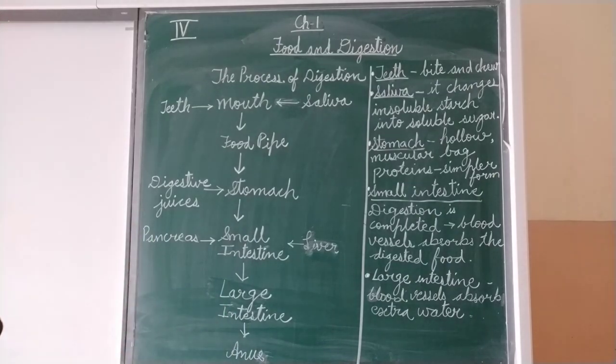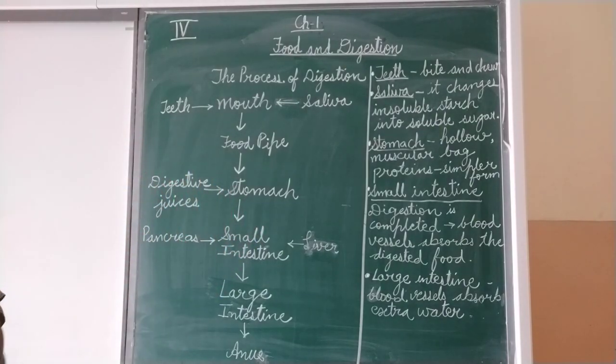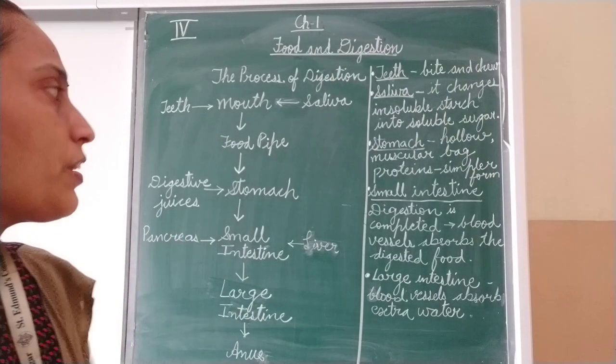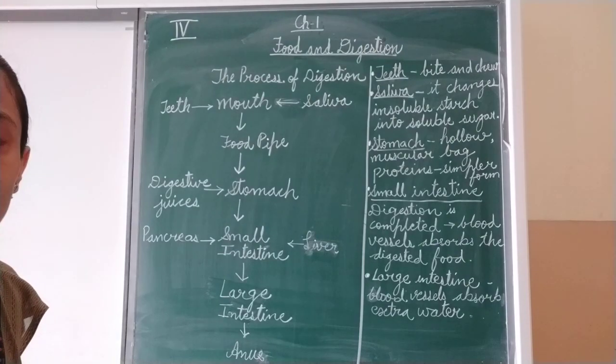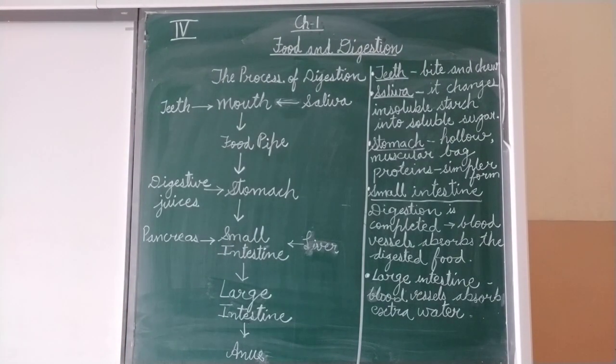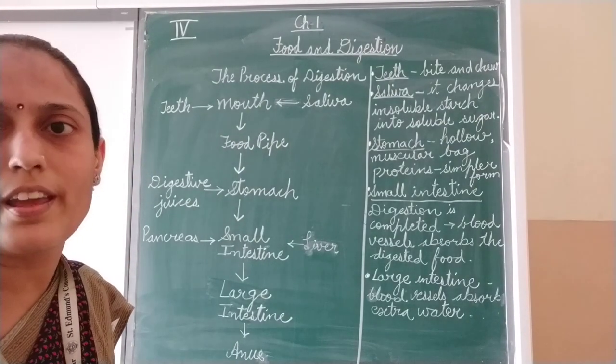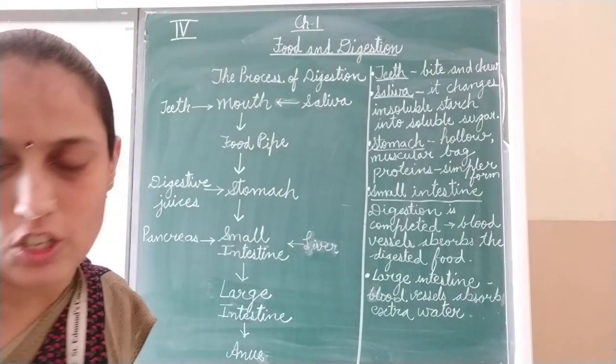The small intestine is a long coiled tube. The inside walls of the small intestine also produce a juice that mixes with our food. Even the liver and the pancreas secrete digestive juice into the small intestine. They pour their juices into the small intestine that help in the digestion.